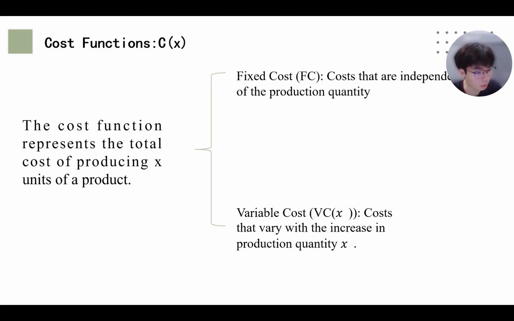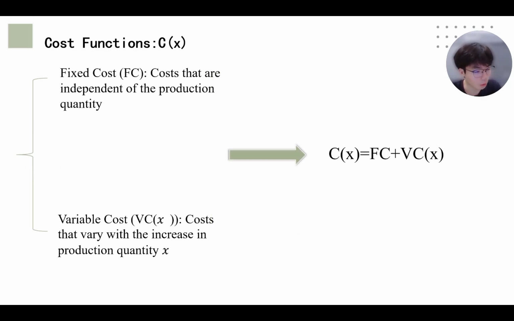Variable cost depends on the increase in quantity x. Together, they form C(x) equals FC plus VC(x).